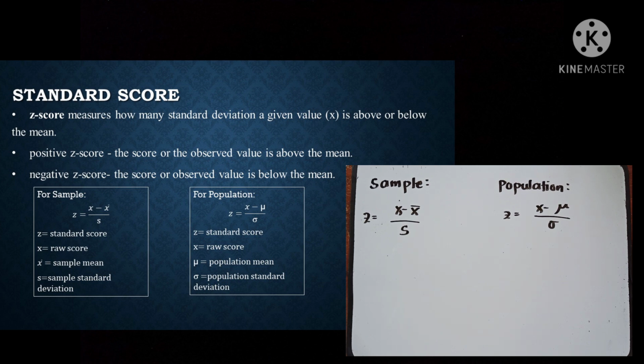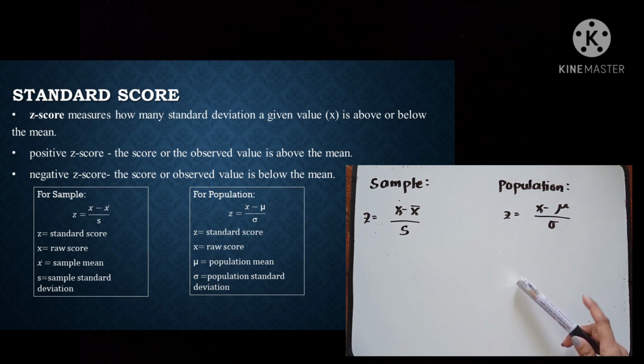For the sample, we have z is equal to x minus x bar over s. And for the population, we have z is equal to x minus mu over sigma. Where z is the standard score or z-score, x is the raw score or the observed value, x bar is the sample mean, and s is the sample standard deviation.